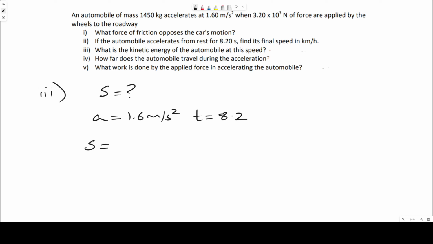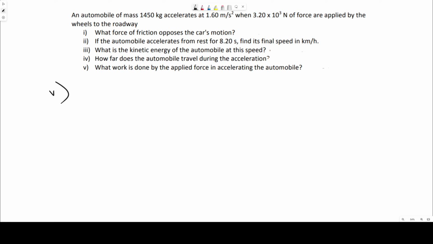Lastly, we will work on question number 5. What work is done by the applied force in accelerating the automobile? We know that work is equal to force times displacement, or delta D. The force applied was given in the question as 3.2 times 10 to the power 3 newtons.